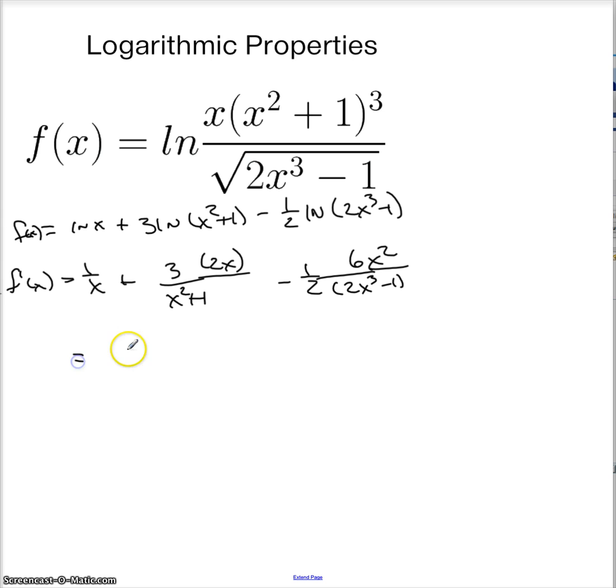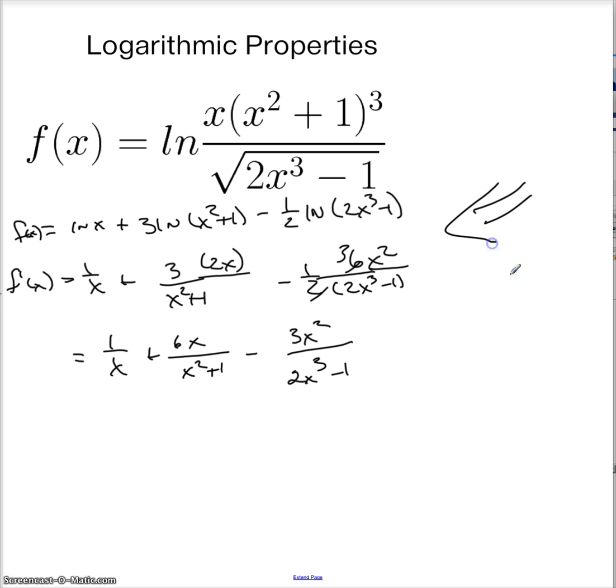Let me rewrite this: 1 over x plus 6x divided by x squared plus 1 minus 3x squared divided by 2x cubed minus 1. And you can stop there. You don't have to find least common denominators or anything. The calculus was done right here.